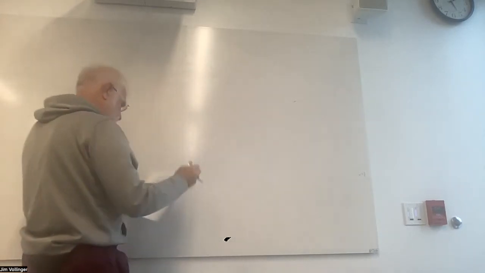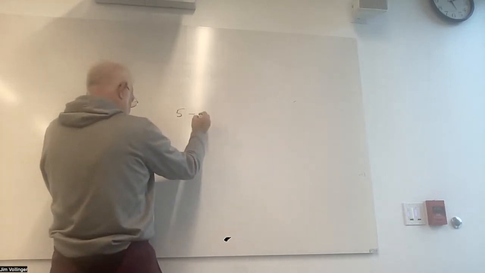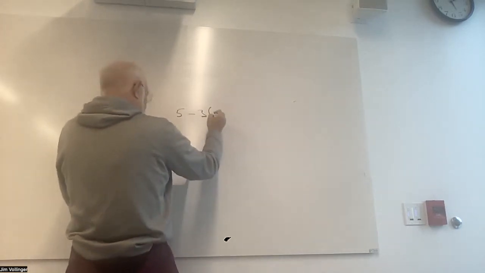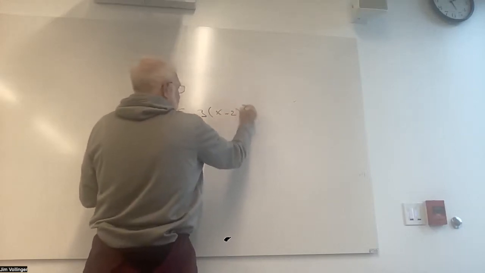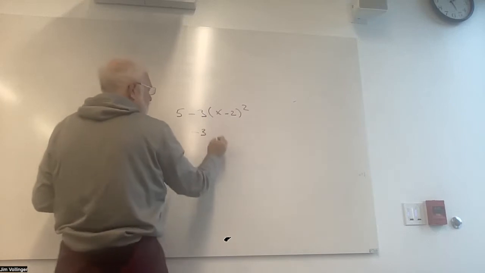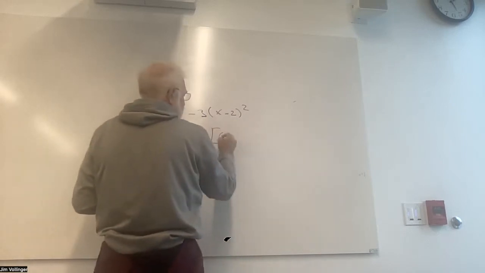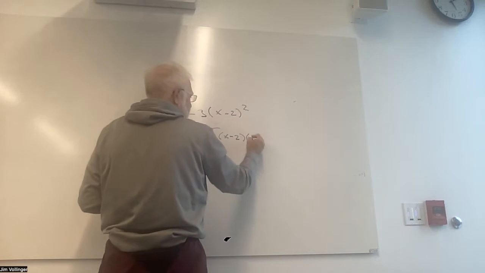So, expand 5 minus 3 (x minus 2) squared. And why don't I write the x? I won't take any shortcuts here. -3, we're going to square this. It's (x minus 2) times (x minus 2).